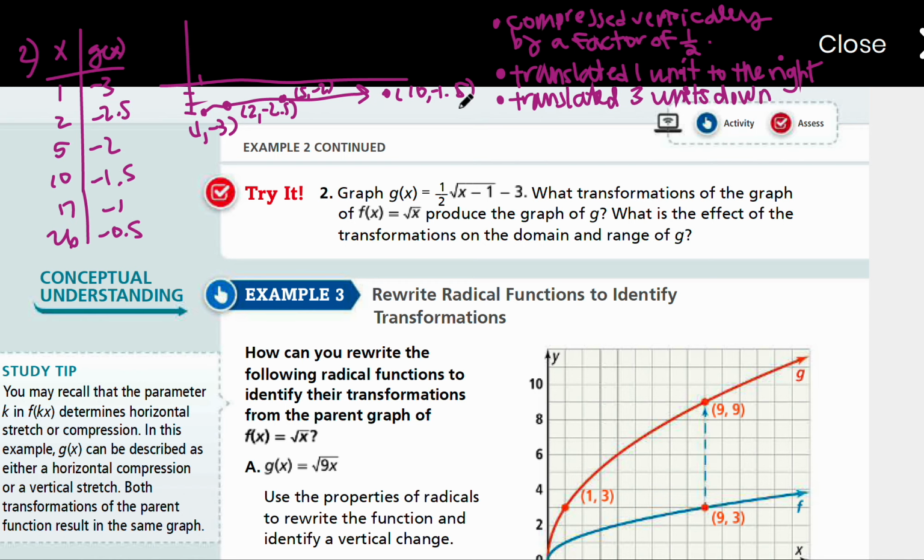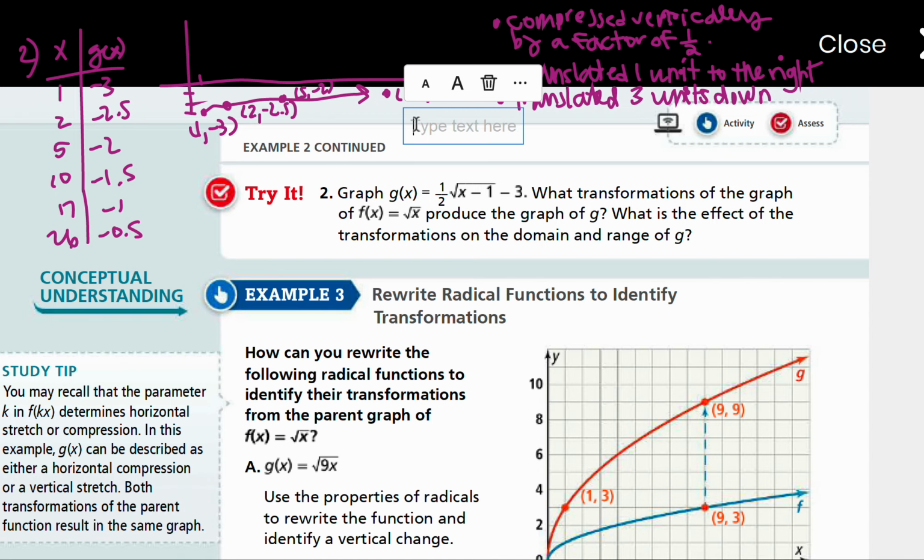And what about the domain? The domain has been translated horizontally. Let me type so that it's clear.